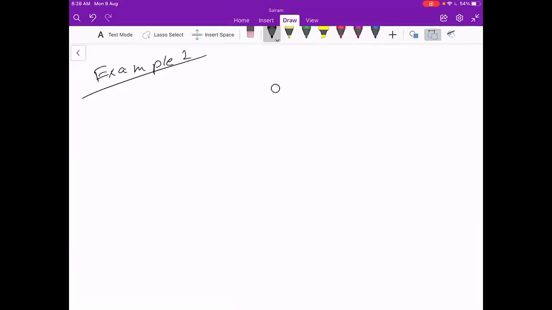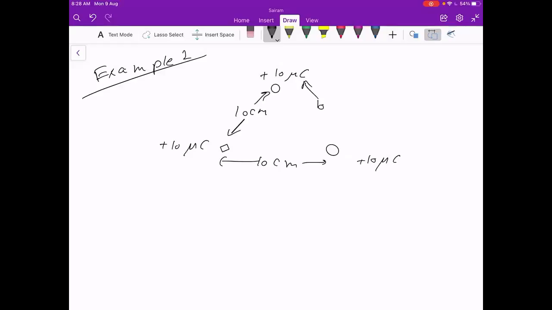There are 3 point charges on the corners of an equilateral triangle. All three are positively charged, plus 10 microcoulomb each, with sides of 10 centimeters.